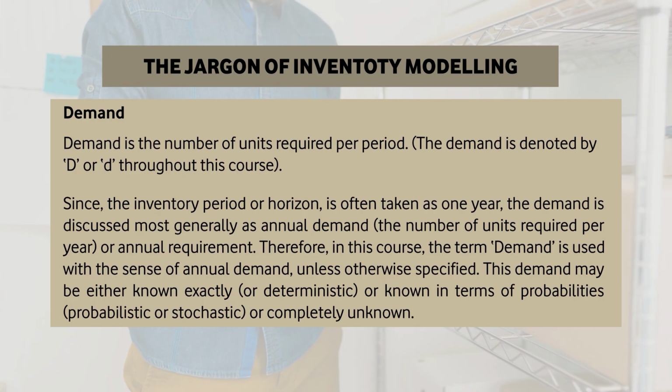The demand may be either known exactly, deterministic, or probabilistic, meaning probability or stochastic. Deterministic means it is decided, for example, that 1000 ball bearings of a certain size are required. We keep a safe side and procure 1005, but this is deterministic. With probabilistic, how much will be required we don't know.